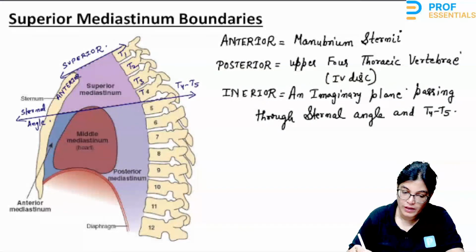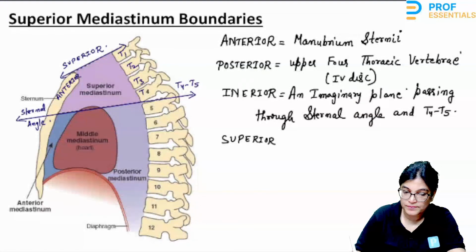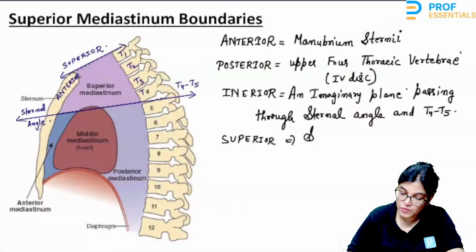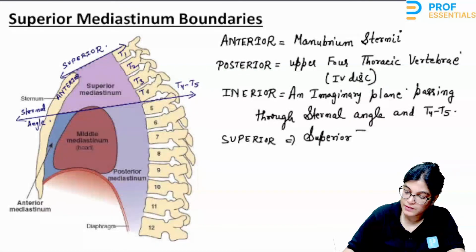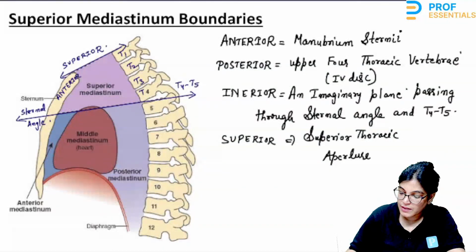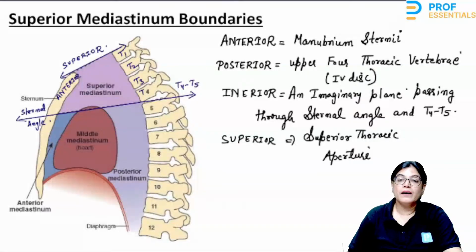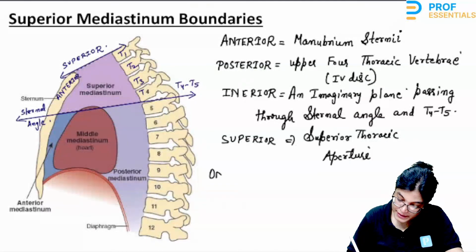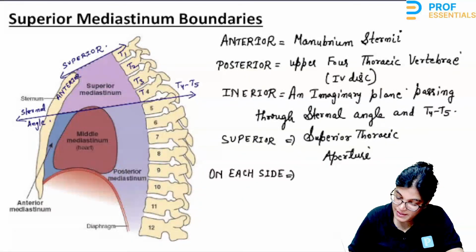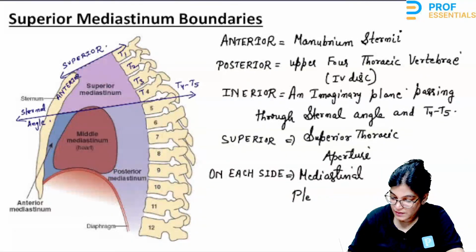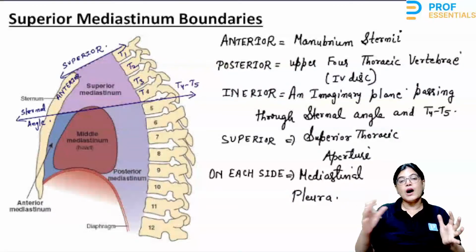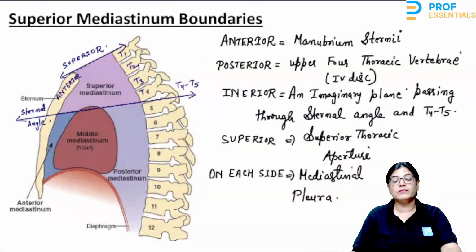Now, this is inferior. What lies superior? Superiorly, we will have the superior thoracic aperture. And what lies on either side? On each side, we will have the mediastinal pleura. So this is how we are going to define the boundaries of the superior mediastinum.